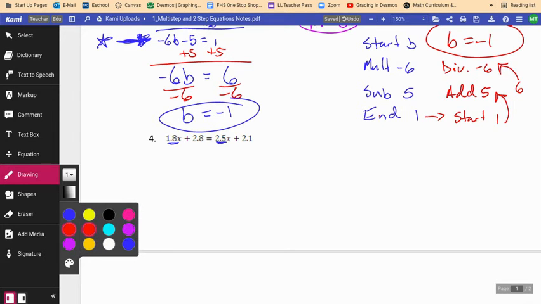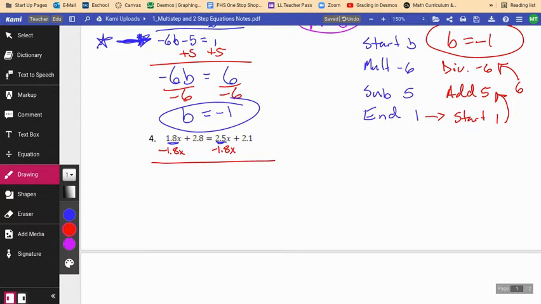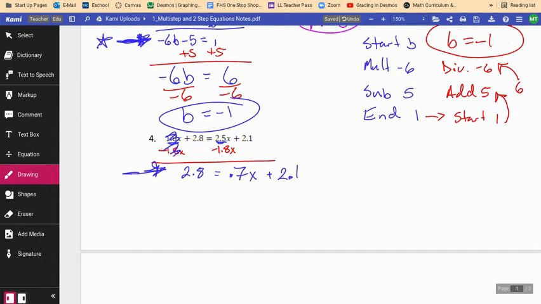So let's subtract 1.8x to both sides. So what am I left with when that happens? These cancel. I'm left with 2.8 on the left side. On the right side, I think this gives us 0.7x plus 2.1. And so now this is ready to go, right?